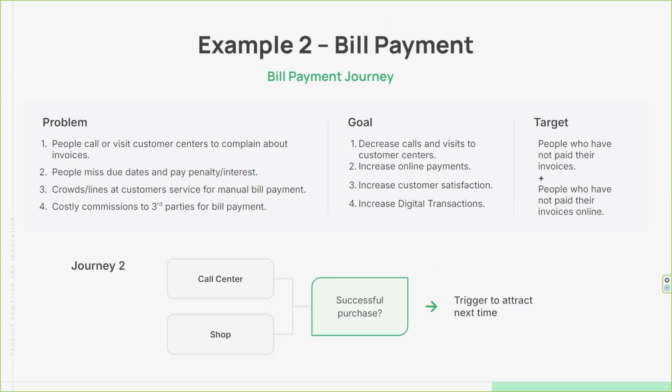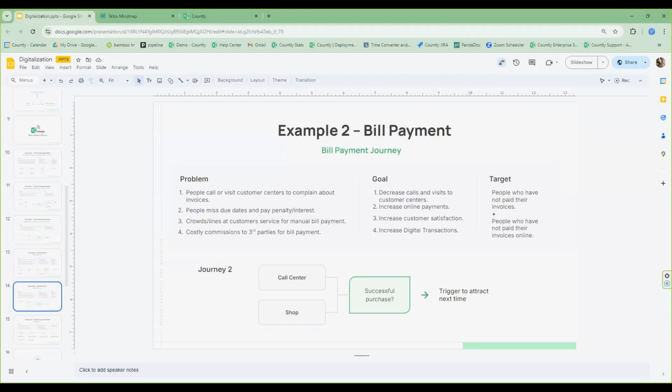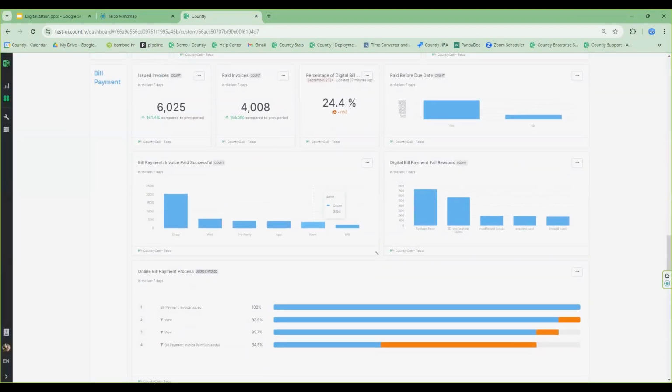And journey two that they could do is they might just go to a call center or a shop and pay their bills. But again, I can trigger in the backend saying you just paid your bill in the store. Thank you, but next time pay it online, which is easier, and I will give you an additional credit or something. And again, in our dashboard, looking at these things, comparing these.